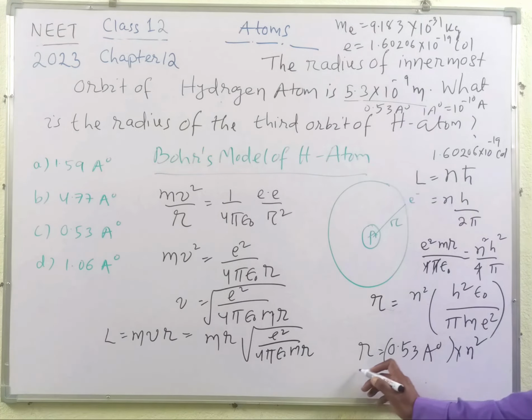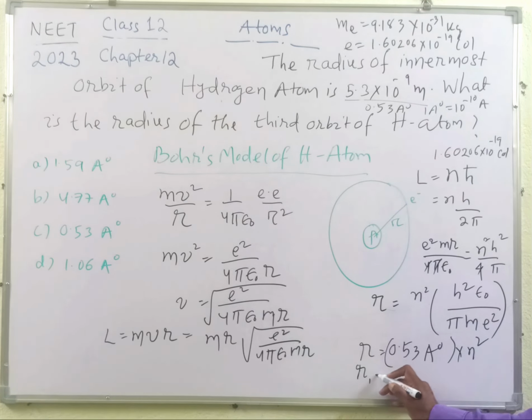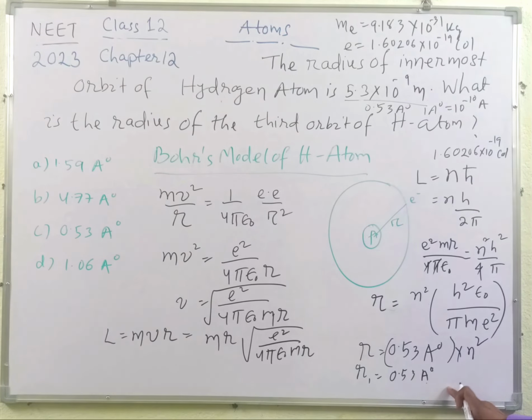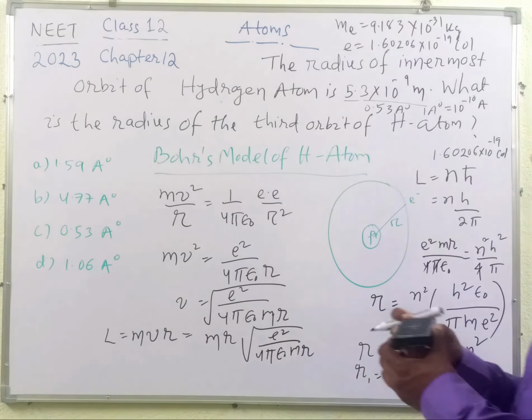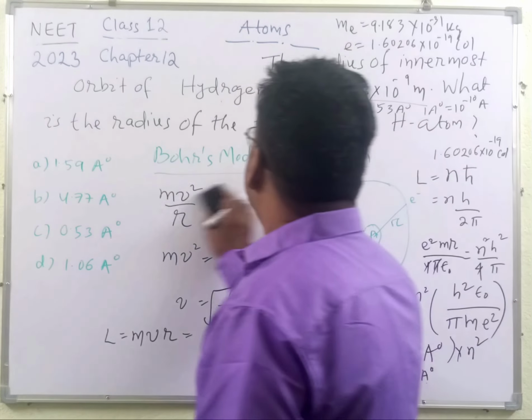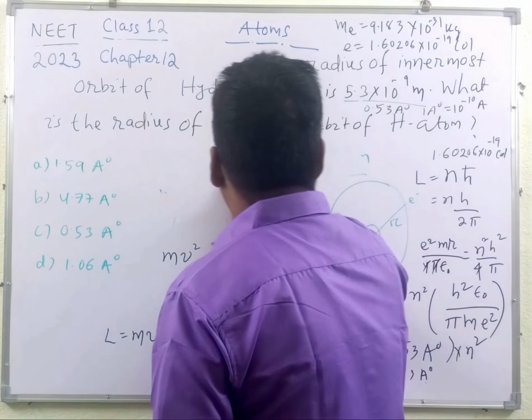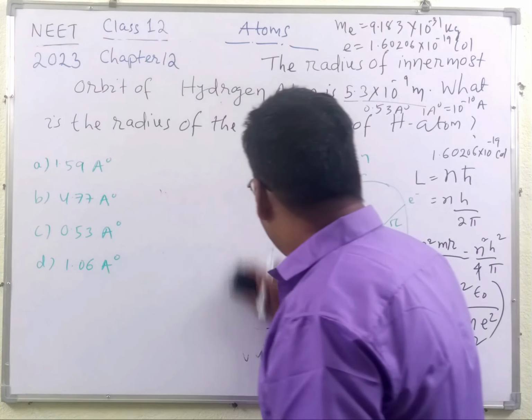Then r1, the first orbit, will have radius 0.53 angstrom. The second orbit will have radius 0.53 into 4. The question is, what is the radius of the third orbit of the hydrogen atom?